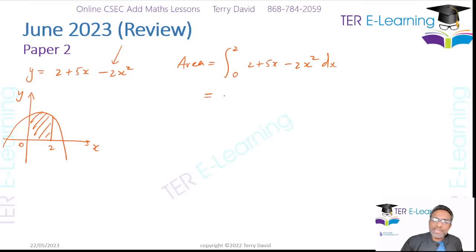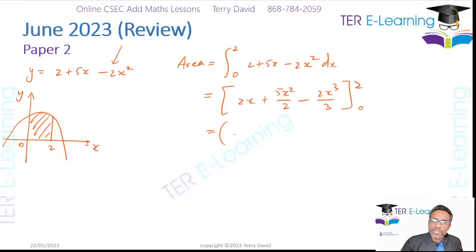Again, this is a definite integral. So put your square brackets, integrate 2, you get 2x. Integrate 5x, you get 5x squared over 2, minus 2x cubed over 3. And the limits here will be 2 and 0. So we're going to substitute 2 and 0 into our integral.